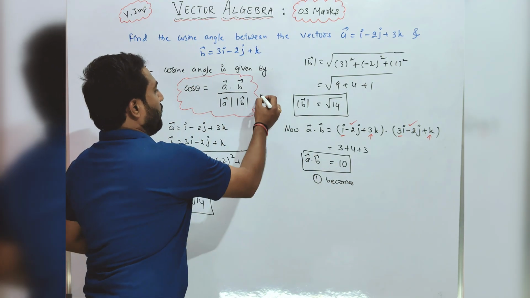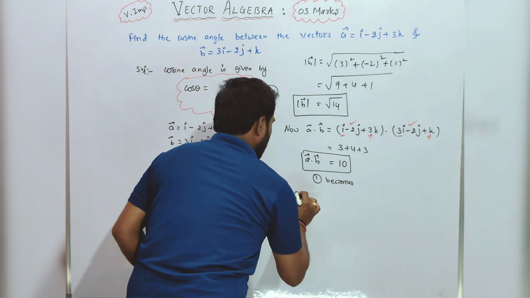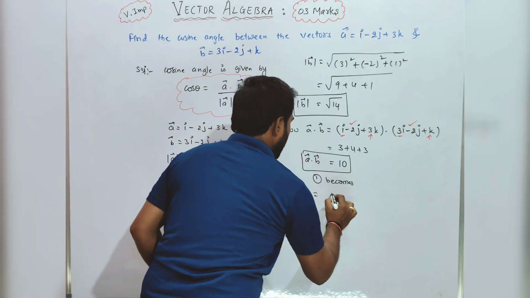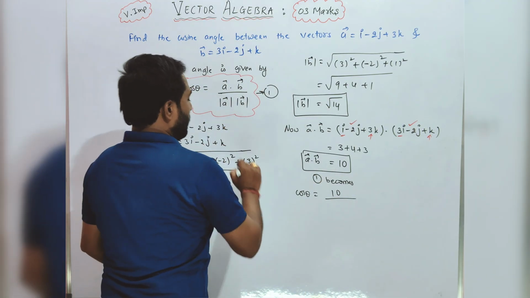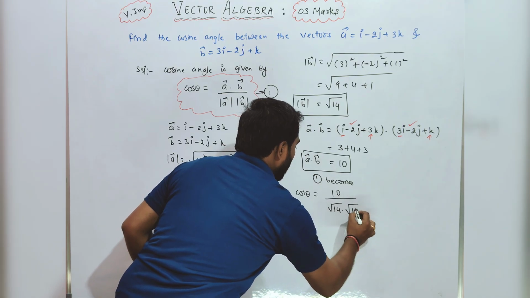So we'll take this as equation number 1. Substitute in the formula, equation number 1. Cos theta is equal to a dot b, which is 10, divided by modulus of a, which is root 14. And the second one is also root 14.